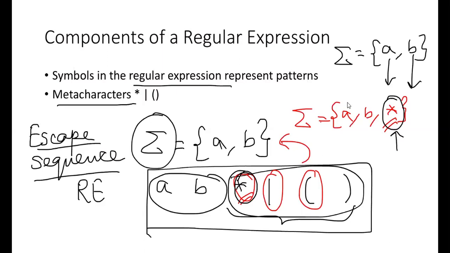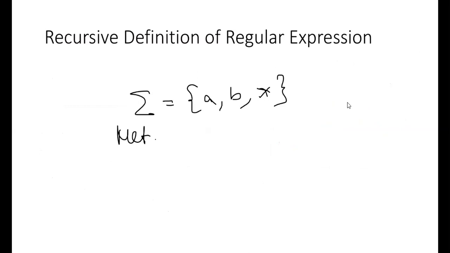Say, for example, let me draw it here itself. Let's say my sigma here consists of A, B, and star. Now my meta characters also contain star, so I have to define an escape sequence.